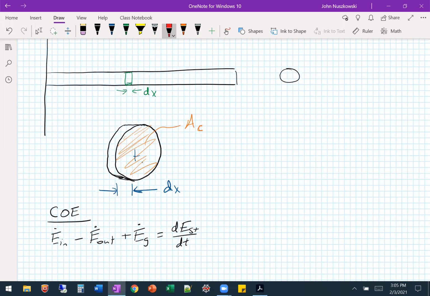So we said it's combined conduction and convection, right? So I'll do the conduction. We'll have Qx on the left and Qx plus dx on the right. Where's the convection then? Going vertically? Yeah, so on that outside surface.